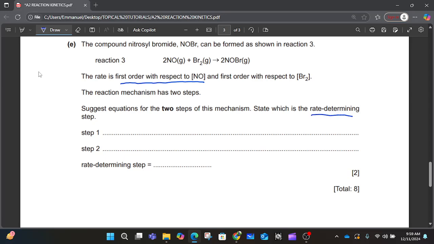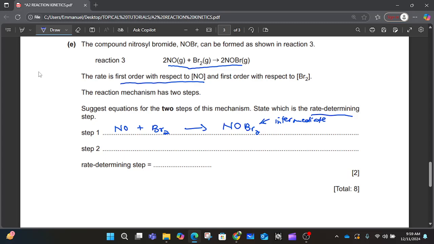When you have a question like this, and you have two reactants, the first thing to do is to add the two reactants together to get an intermediate. So you have NO plus Br2, and when you add these two, you get NOBr2, and this is an intermediate. Intermediates are used up in subsequent steps to give a product.